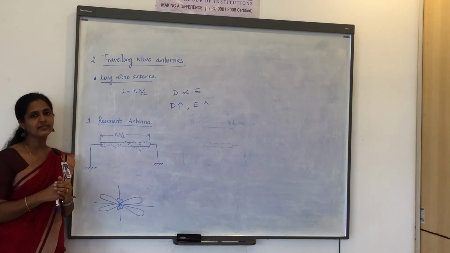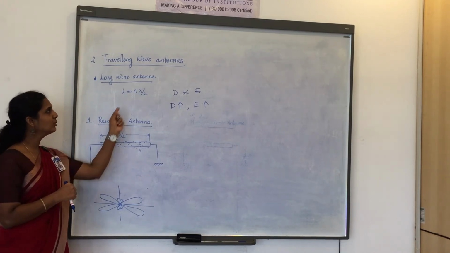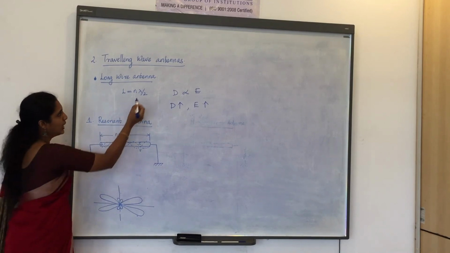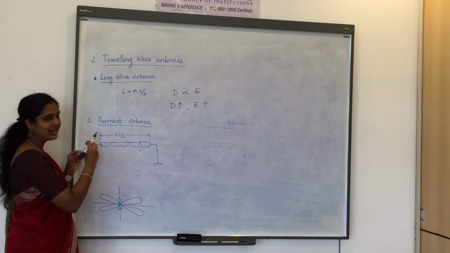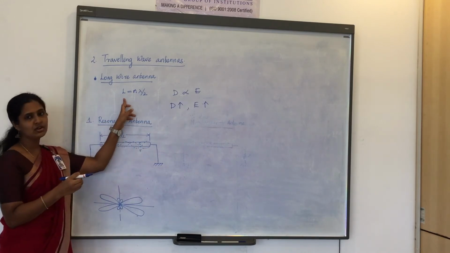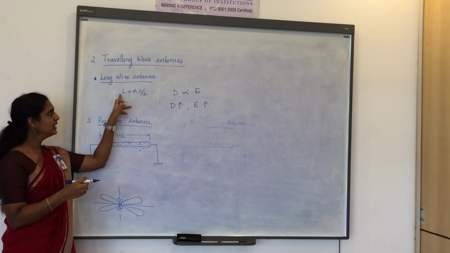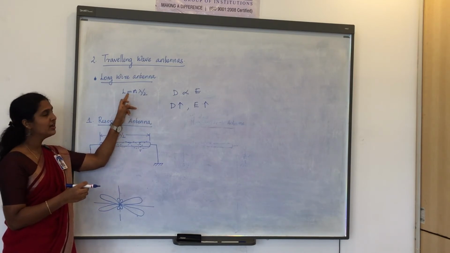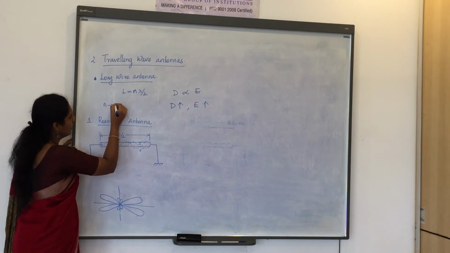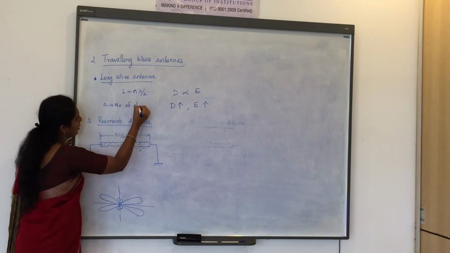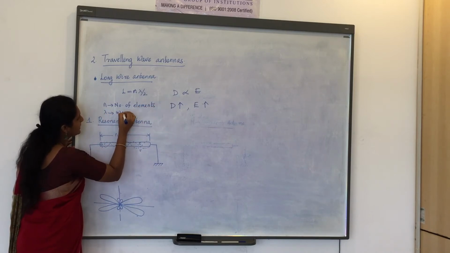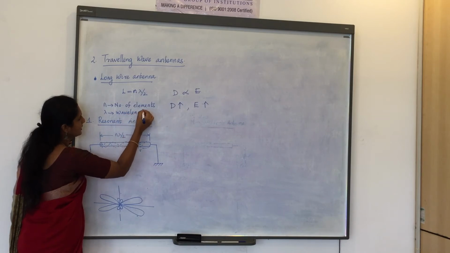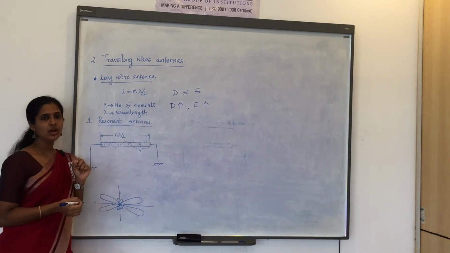So the length of the long wire antenna is L equal to n into lambda by 2, where lambda by 2 is one dipole antenna, n is the number of elements in the long wire antenna, and lambda is the wavelength.